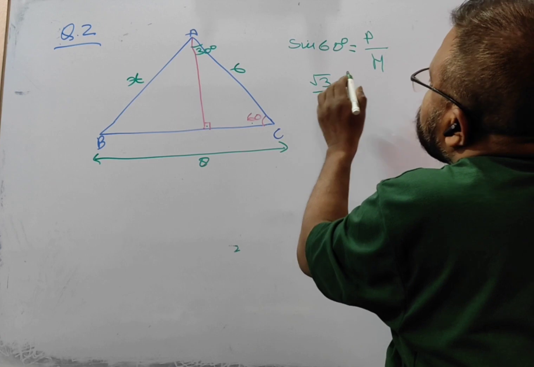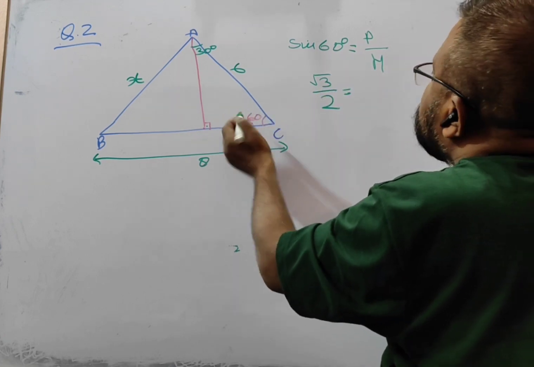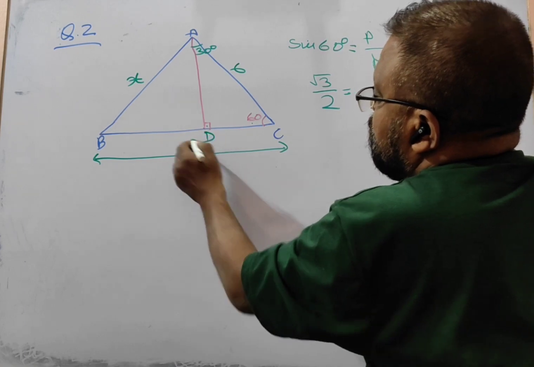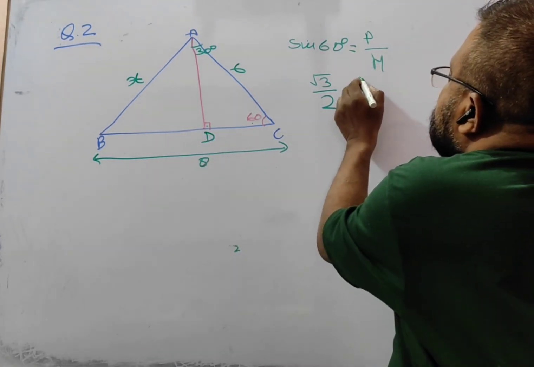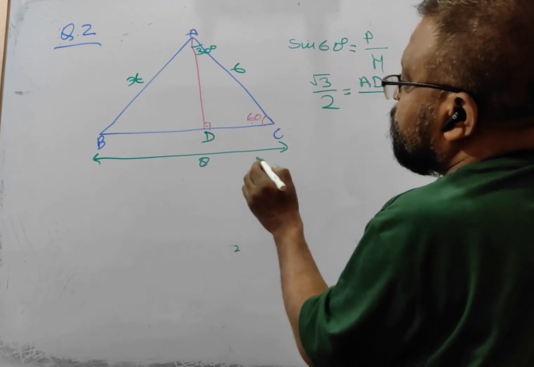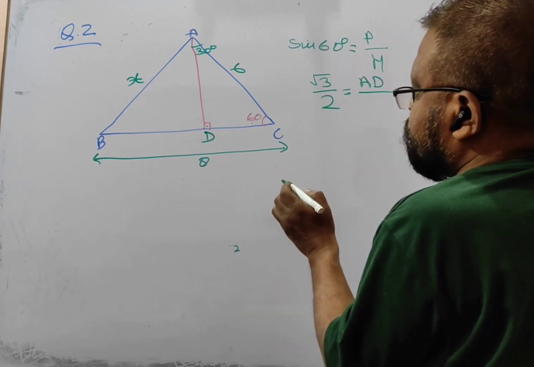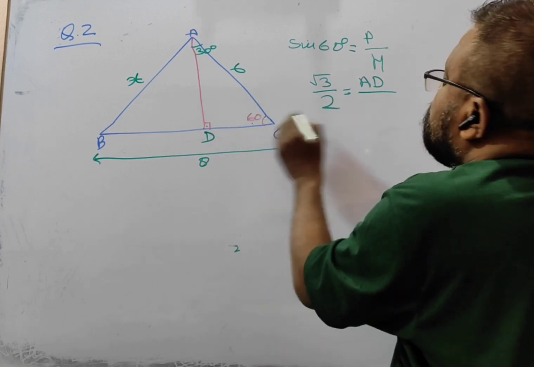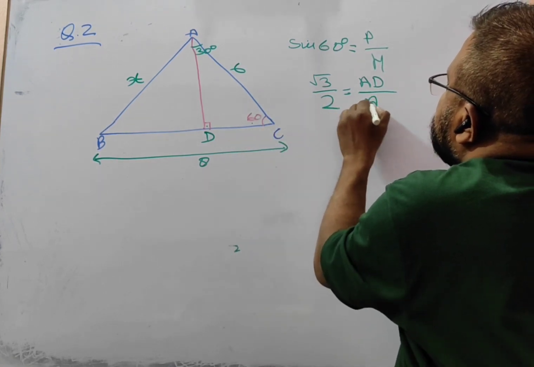So it becomes, P we have to find, that we call AD. So AD is here, and then we get hypotenuse is AC, right?